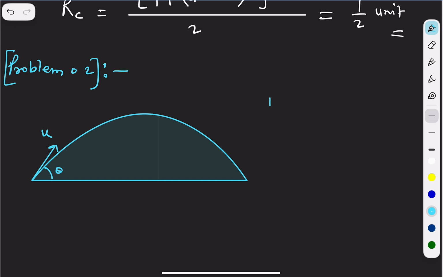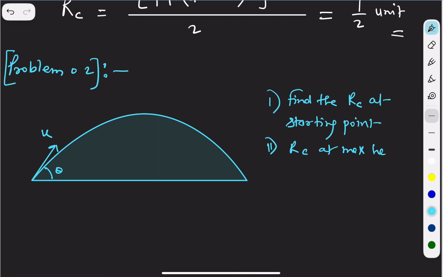Now guys, the question is, there are three questions. First, find the RC at starting point. Second thing is RC at maximum height, and third is RC at any general time t on the curve, and of course t should be less than the time of flight.